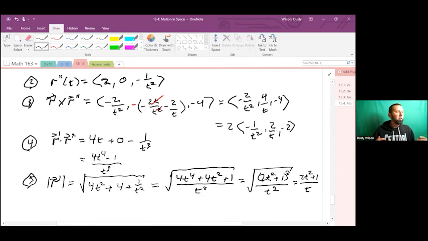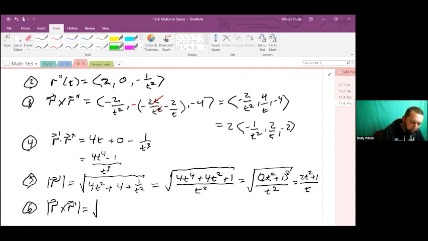So we have r prime, r double prime, r prime cross r double prime, r prime dot r double prime, r prime magnitude. All we have left to find is our r prime cross r double prime magnitude, which will be the square root of, it looks like I can pull this 2 out front.